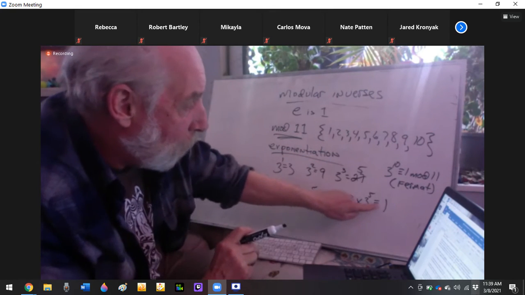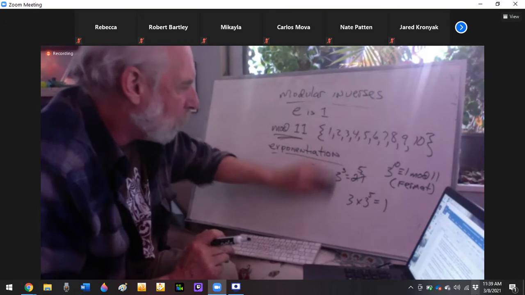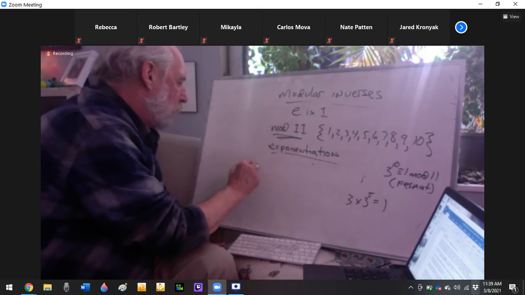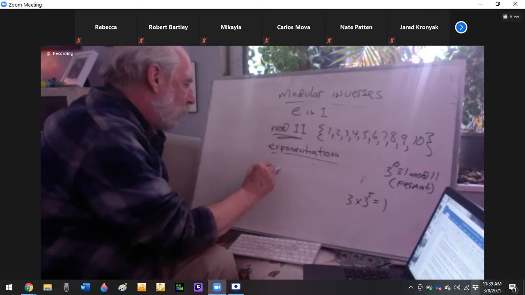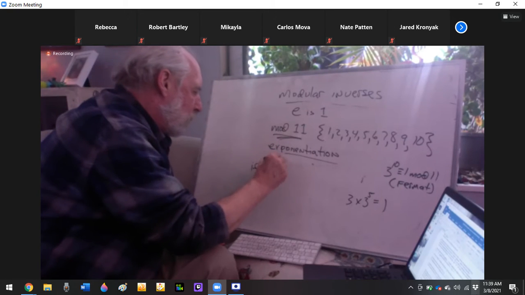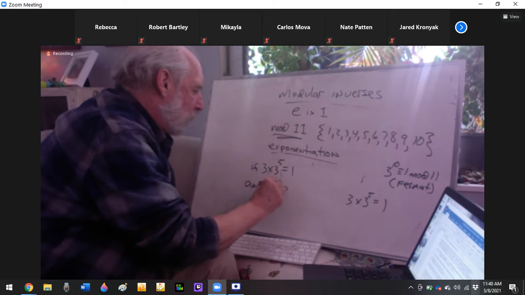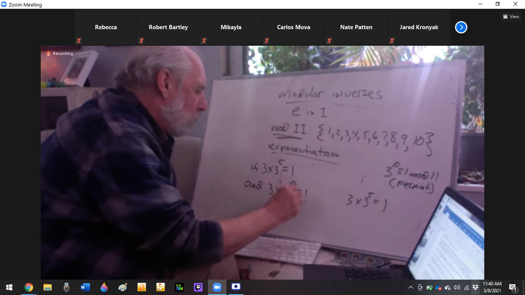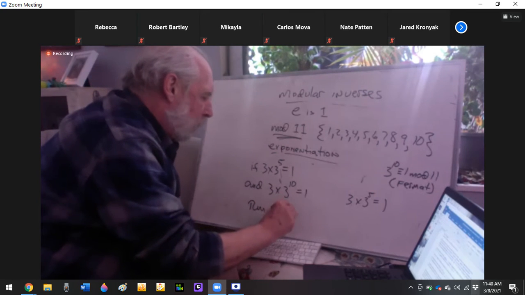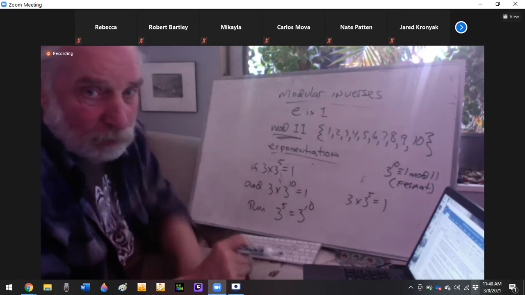But here's another one that gives me 1. So we see from this, if 3 times 3 to the 5th is 1, and 3 times 3 to the 10th is 1, then 3 to the 5th is equal to 3 to the 10th. And remember, this is all mod 11.